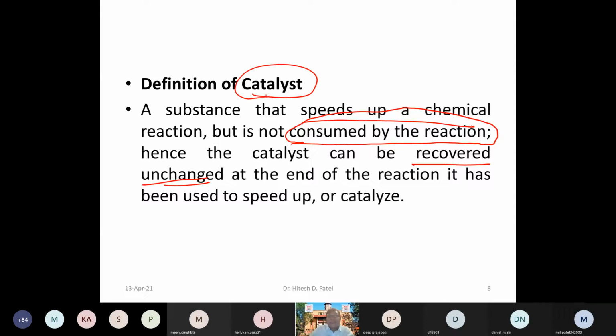In the previous reaction we discussed sulfuric acid. Sulfuric acid was the catalyst for the nitration reaction. Sulfuric acid is only involved in the initiation of the reaction, meaning it is involved in the generation of the nitronium ion, and after completion of the reaction it is available in its original form, meaning we get sulfuric acid again.